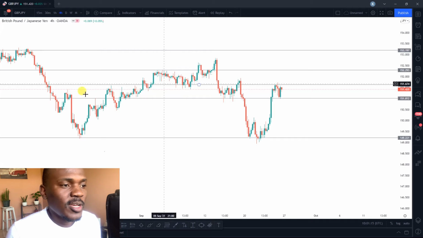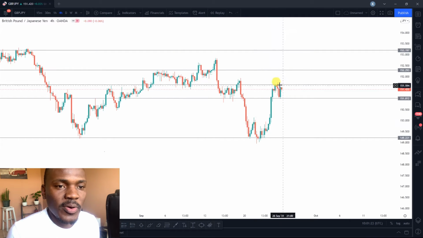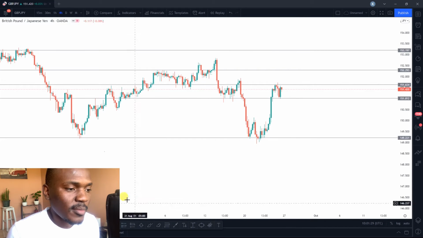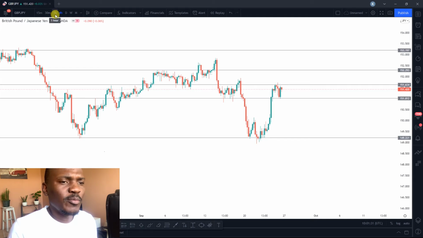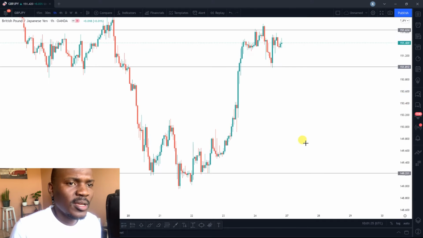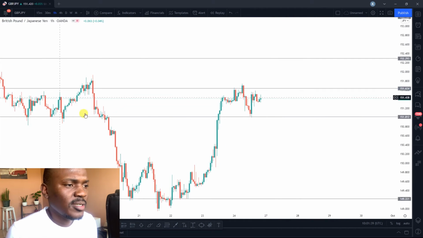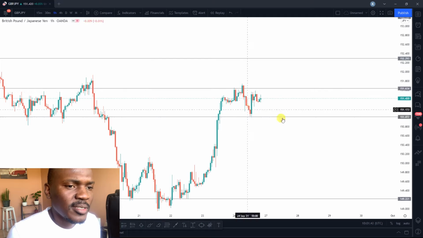So yeah, guys, as you can see, my support and resistance was drawn, and if you check here, the price is actually respecting this one here. So what we do in terms of entry, we're just gonna move down to an hour chart and see if we can find a structure on that support and resistance.